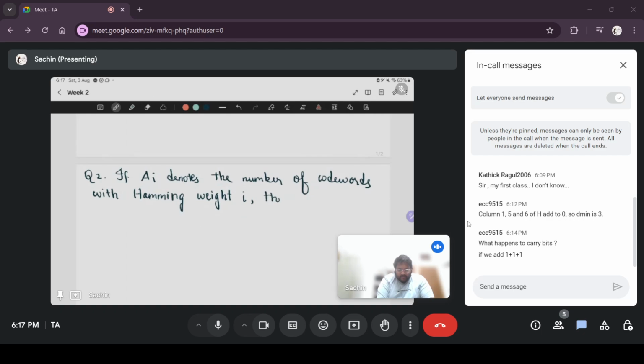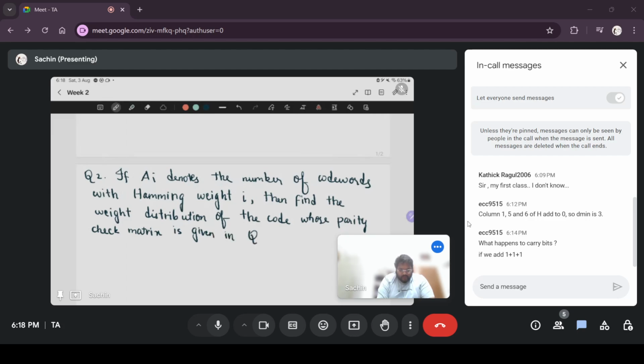Then find the weight distribution of the code. Which code? The code whose parity check matrix is given in Q1.